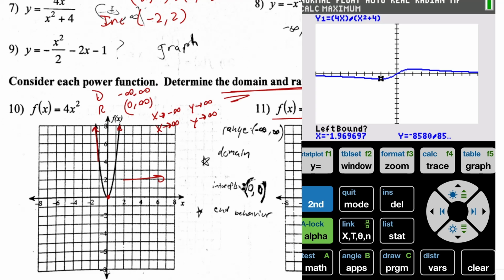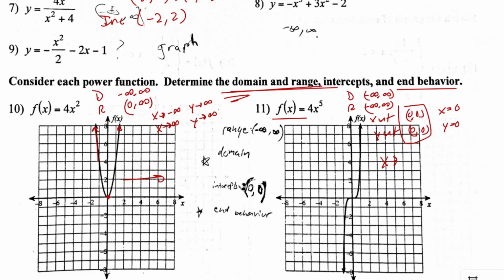You could say it either way, but I think that's more correct. End behavior, let's see on the left side. On the left side, as x goes to -infinity, y goes to +infinity. As x goes to +infinity, meaning the right side, y is going to +infinity.